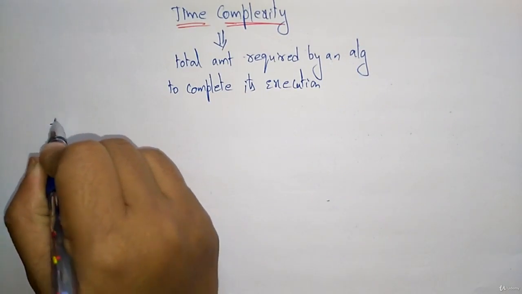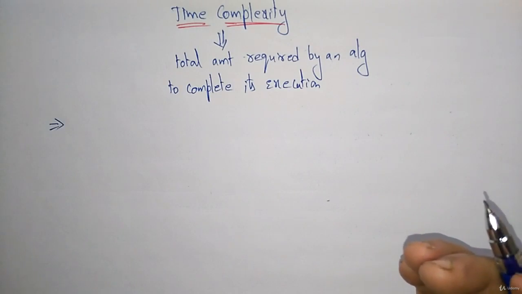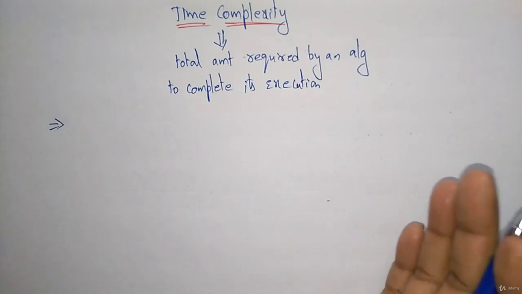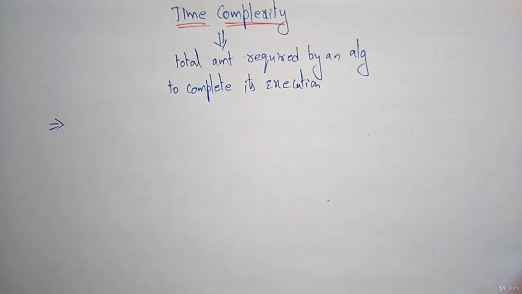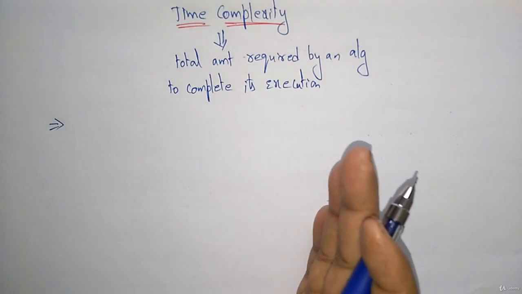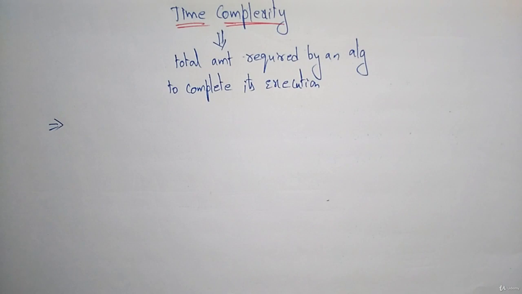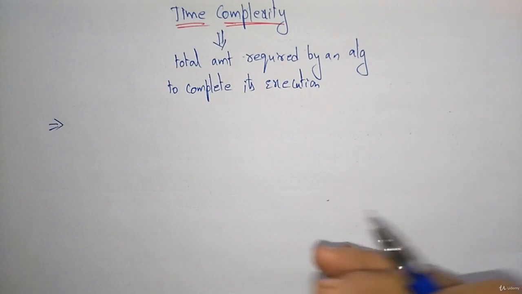So again, whatever I said in the space complexity, that space complexity will be divided into two: a constant space complexity and the linear space complexity. Constant means only a fixed amount of space will be allocated to all inputs, whereas linear means whenever the inputs are increasing, automatically the amount of space will be increasing.